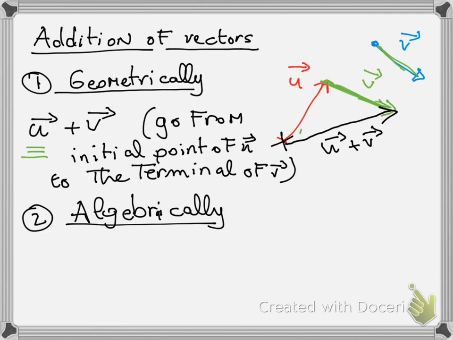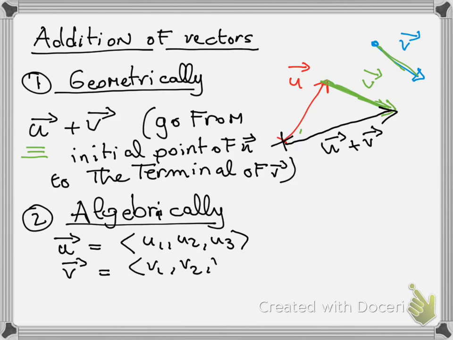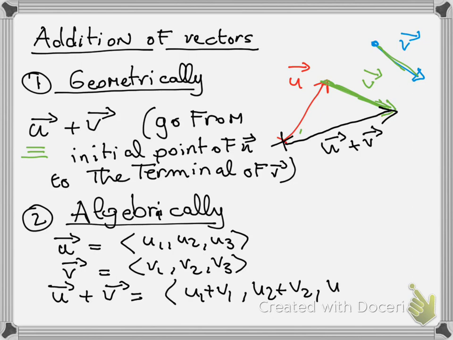Let's say the vector u is given by (u1, u2, u3) and the vector v is (v1, v2, v3). Then u plus v is just (u1 plus v1, u2 plus v2, u3 plus v3).